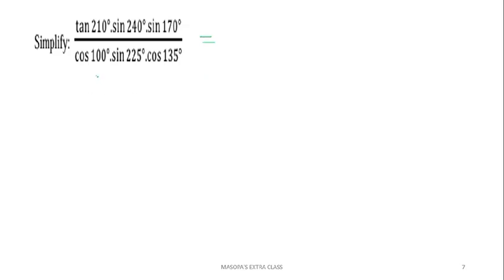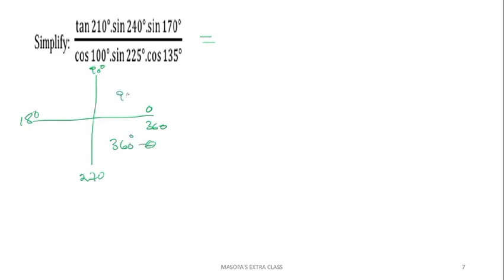Okay, let me write our Cartesian plane here. You must always write your Cartesian plane so that your work is easy, right? Now we have 0, 90, 180, 270, 360, and here is 360 minus theta.